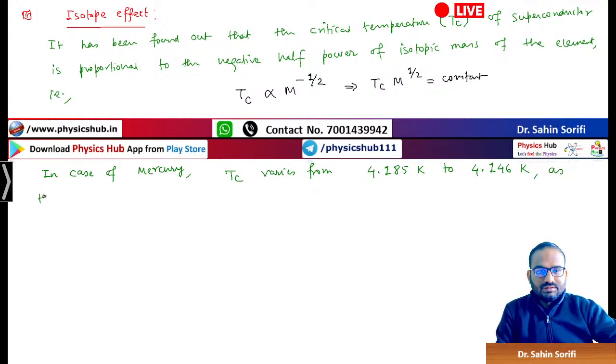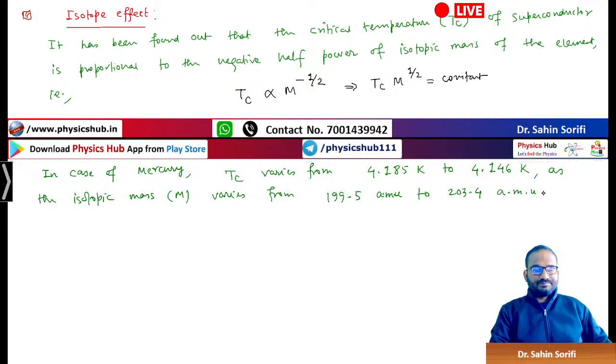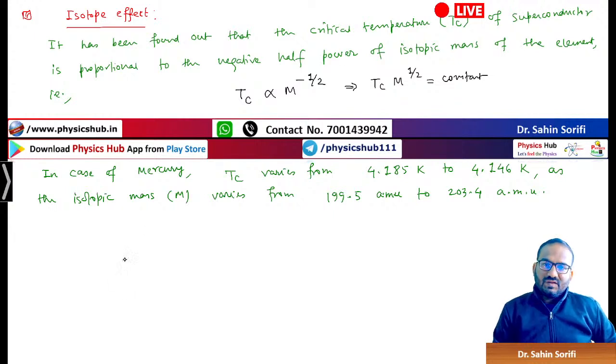As the isotopic mass m varies from 199.5 atomic mass unit to 203.4 atomic mass unit. Now you see, this critical temperature varies proportional to m to the power minus half.